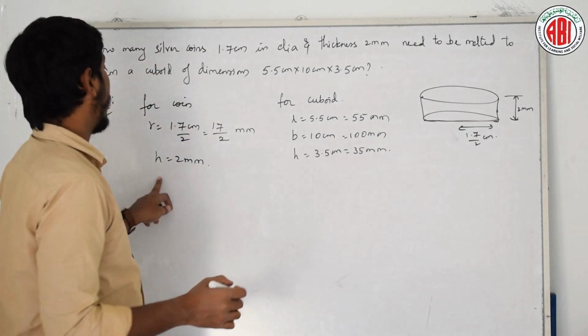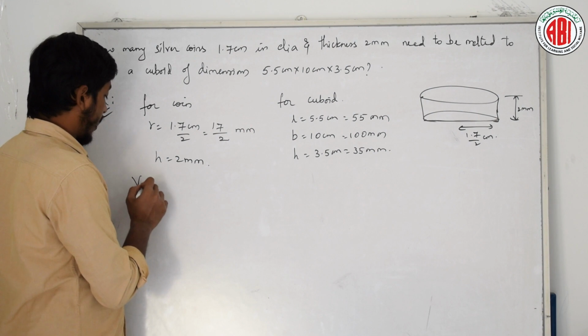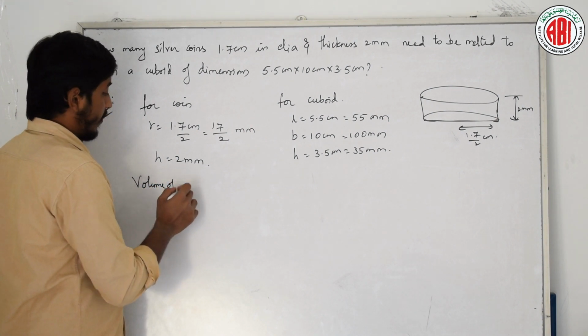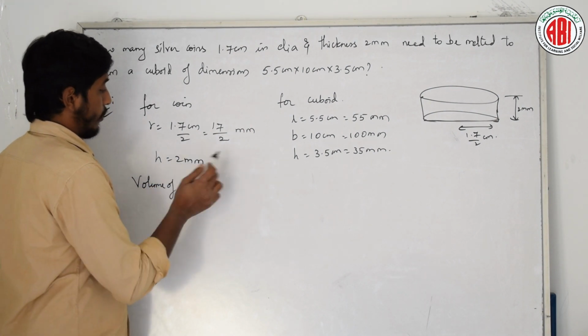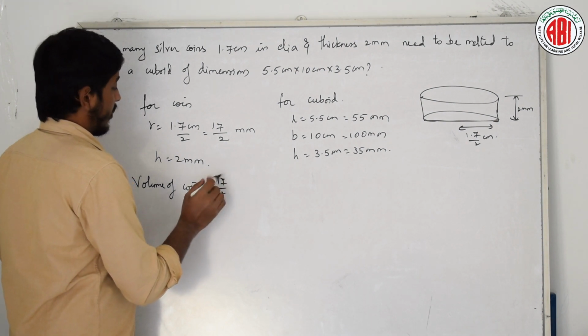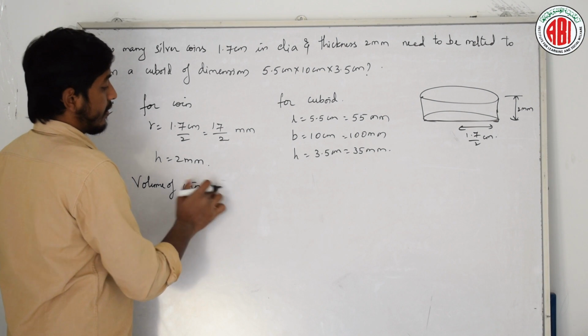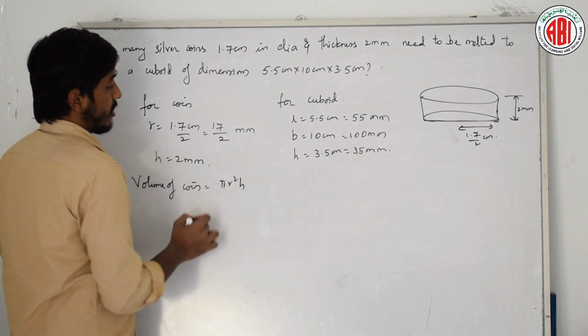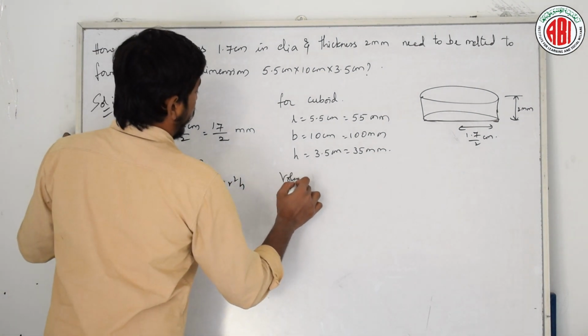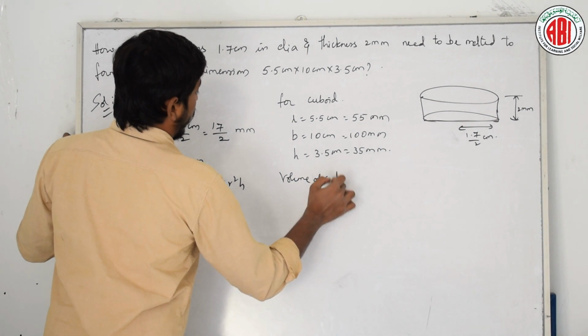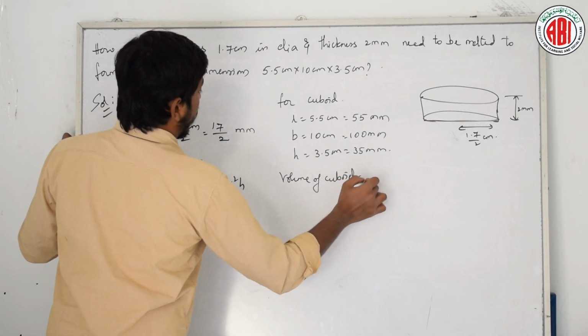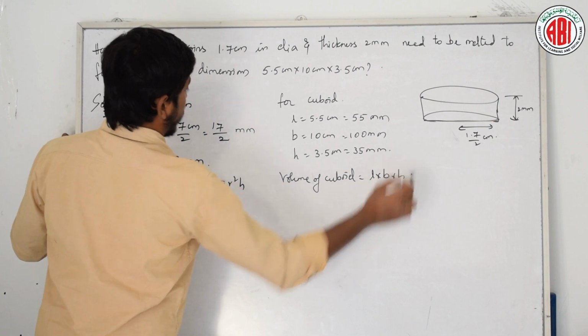Therefore the volume of a single coin is equal to, what is the formula of a cylinder? Tell me. That is pi r square h. Here volume of the cuboid is equal to LBH.